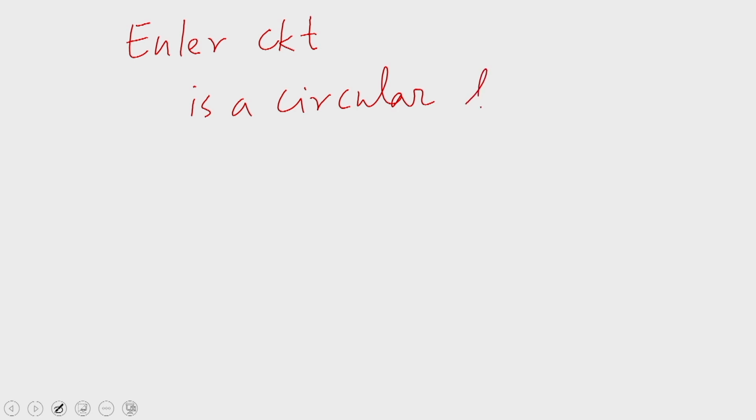So, this you have to understand. The Euler circuit that we have found is a circular linked list given in an array E.